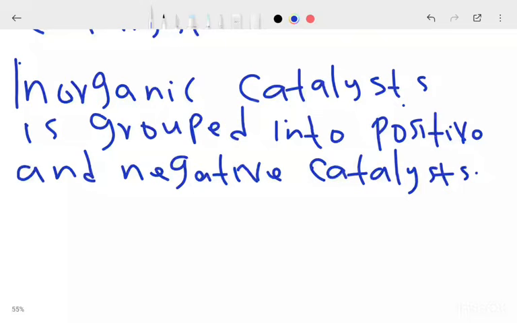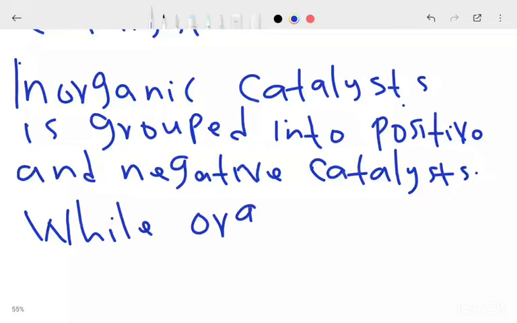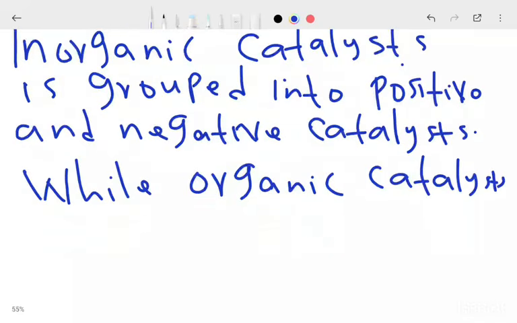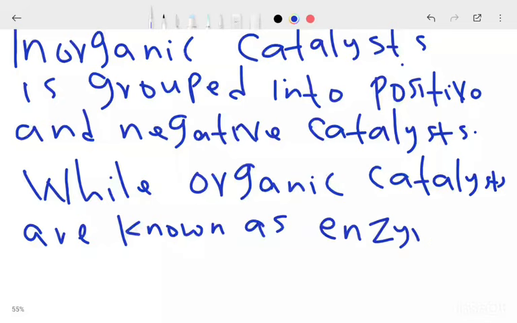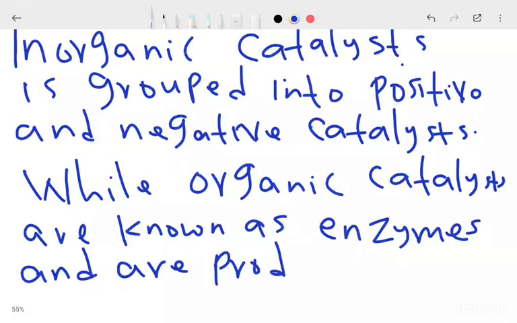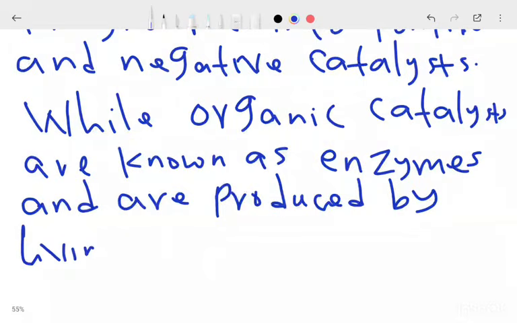So, full stop. While organic catalysts are known as enzymes and are produced by living cells.